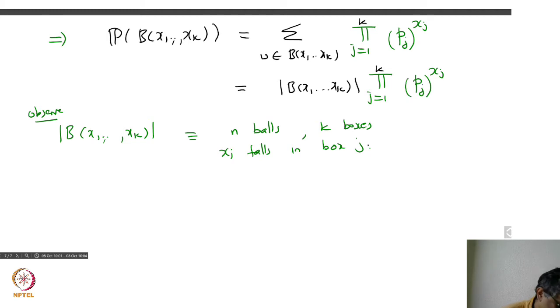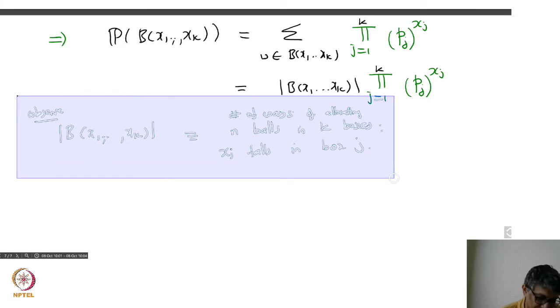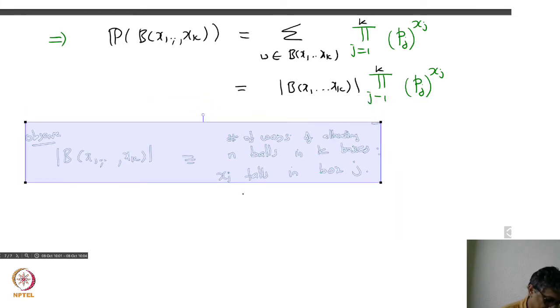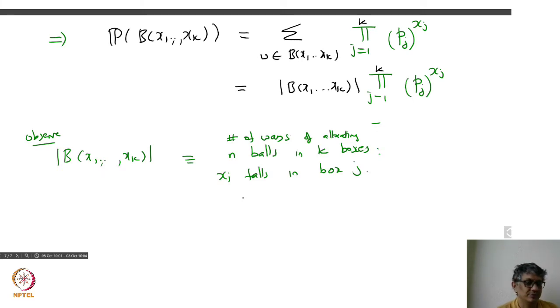And you want to know the number of ways of allocating n balls in k boxes such that xj of them fall in box j. Let me just bring this down. So this is what I want.